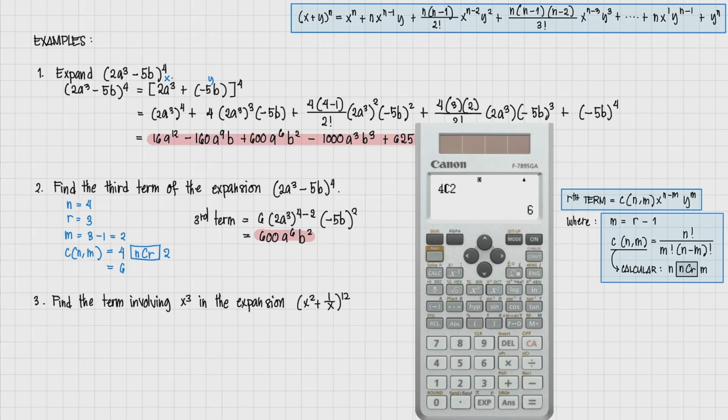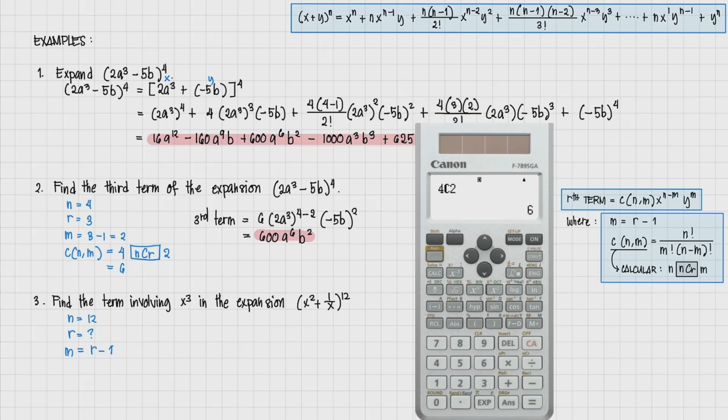Yung n natin is now equals to 12. The r, hindi natin alam. m is equals to r minus 1. And then our c and m, we don't know. Diba? So, ito yung alam natin.